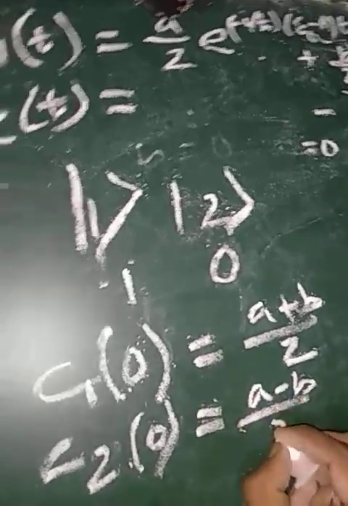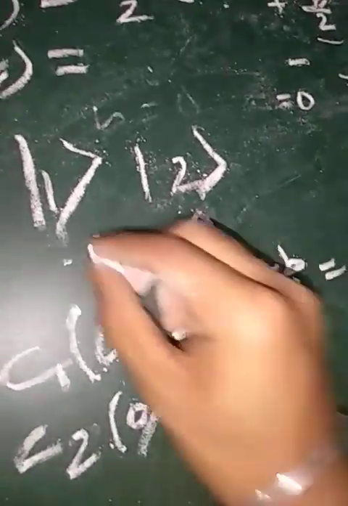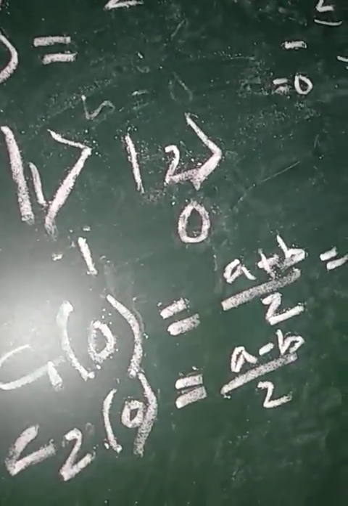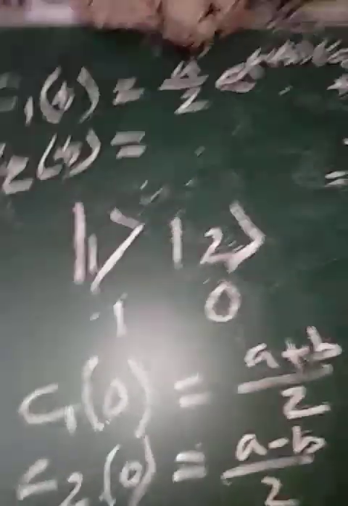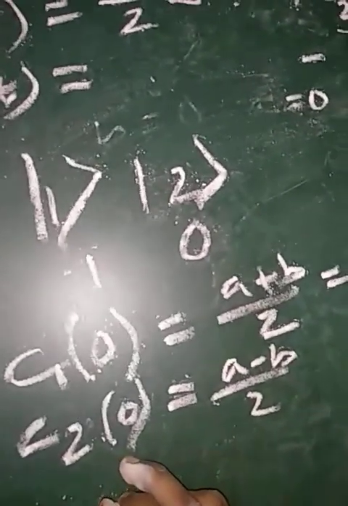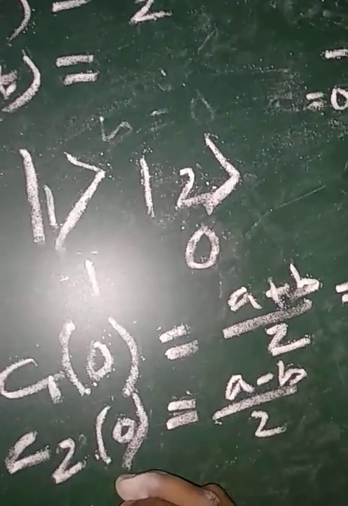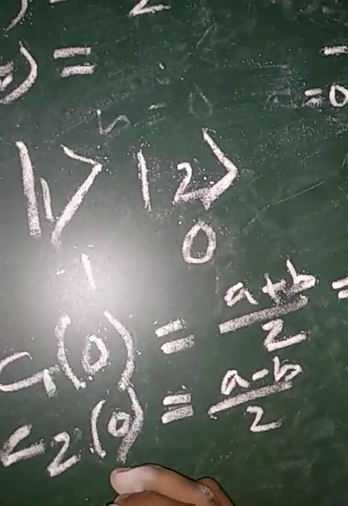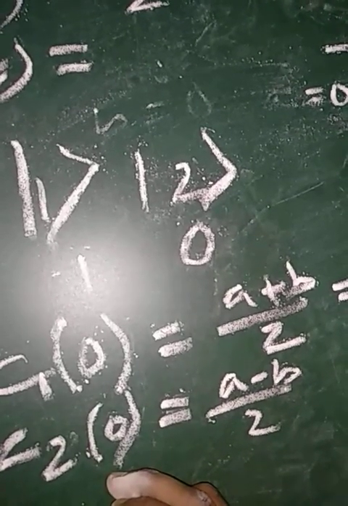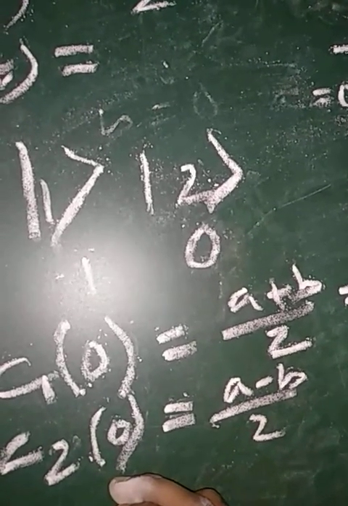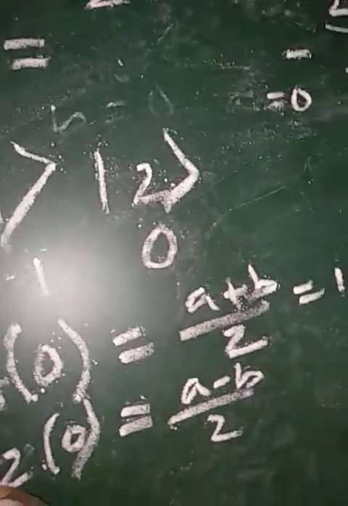Now we know that C1(0) is 1, and C2(0), that is the amplitude of finding the system at time t equals 0 in state 2, isn't it?